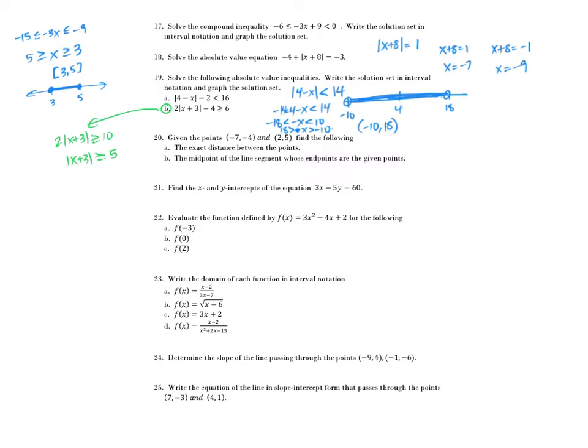And what that means is that x plus 3 is greater than or equal to 5, or x plus 3 is less than or equal to negative 5. And so then I can subtract 3 from both sides. 5 minus 3 is 2, and negative 5 minus 3 is negative 8.